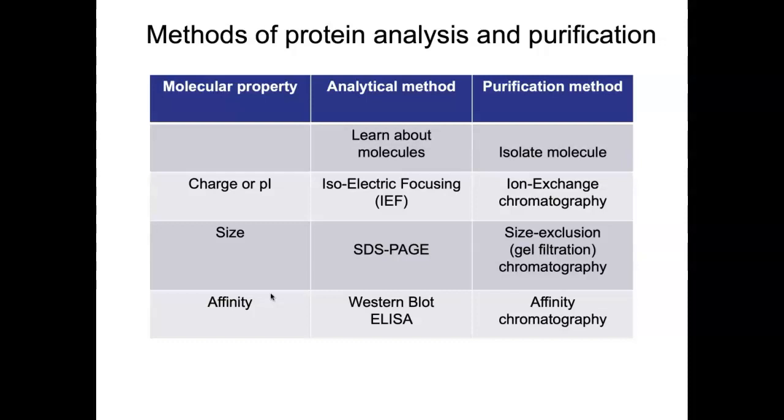I will say that affinity methods are not only for antibodies. If your protein binds something you know about, then you can use that as well. So for example, a DNA binding protein can be purified using a column that has DNA immobilized on it. So only DNA binding proteins will bind to it, and other proteins will flow right through.